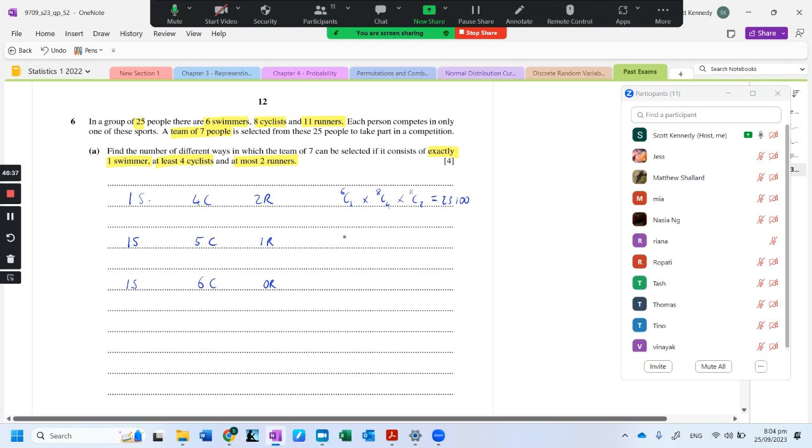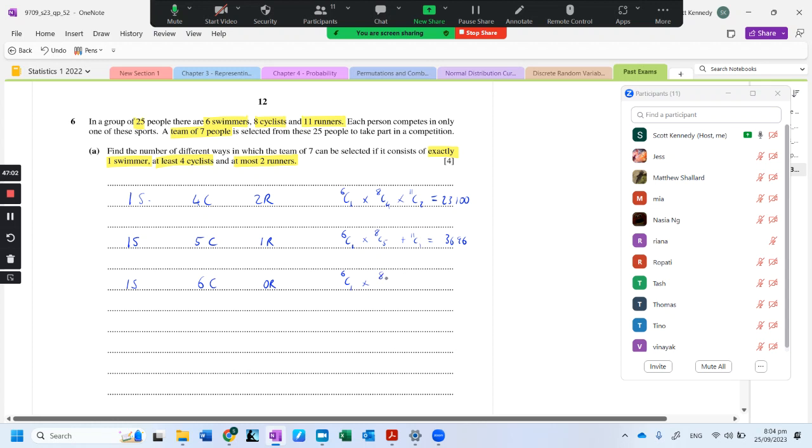So that's that one. The second one is the same kind of scenario. 6 choose 1 because we're choosing 1 of the swimmers, multiplied by 8 choose 5 because we're choosing 5 of the cyclists. And then 11 choose 1, which is times by 11 for the runners. And I was getting 3696 for this. The swimmers in the last one is 6 choose 1.